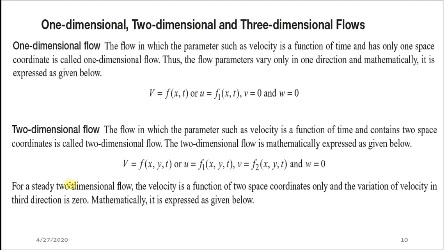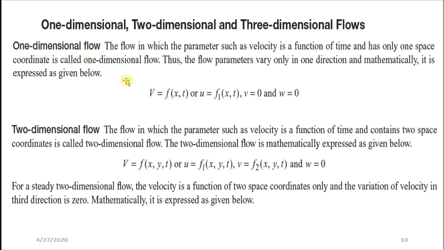That means velocity is a function of only one coordinate, maybe x, maybe y or z. If you take x, then the velocity in y direction and z direction becomes 0. That type of flow comes under one dimensional flow.